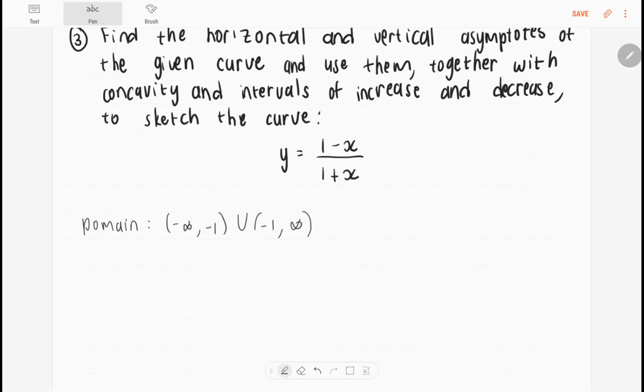Let's now look at our asymptotes. So I'm going to look at my horizontal asymptotes first. And what I'm going to do is look at the limit as x approaches plus or minus infinity of my function.